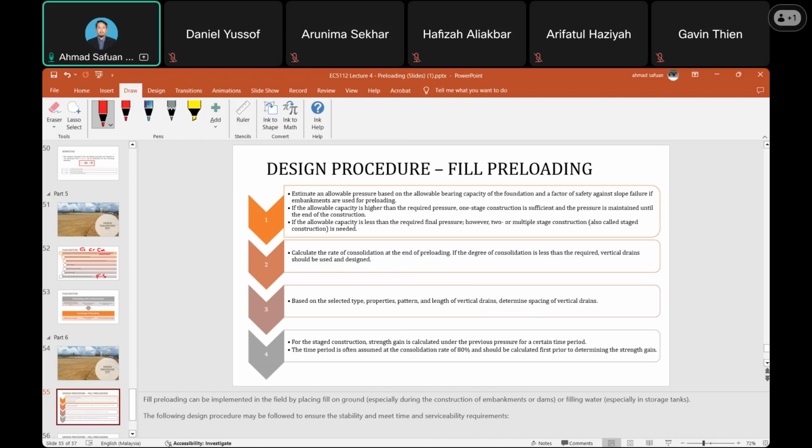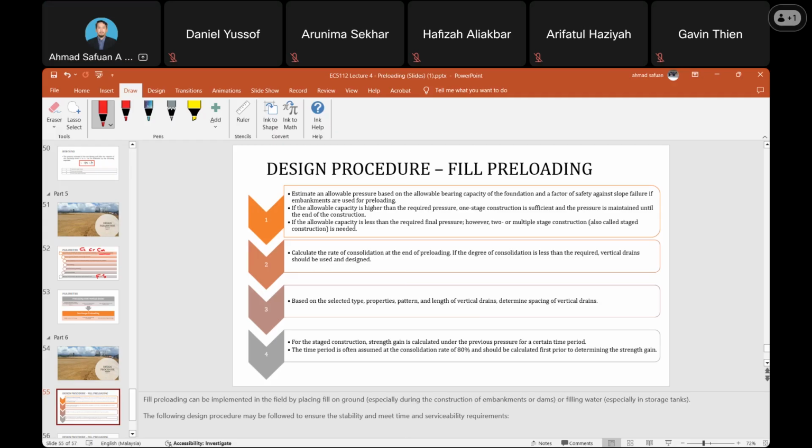So if the rate of consolidation is less than 80%, then we need to use the vertical drain. So based on selected type, properties, pattern, and length of vertical drain, determine the spacing of the vertical drain. We have learned before the equation involved.